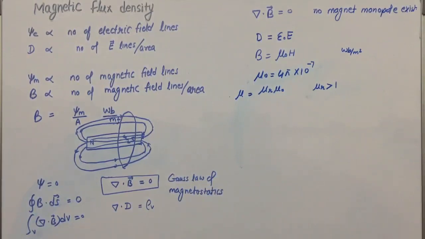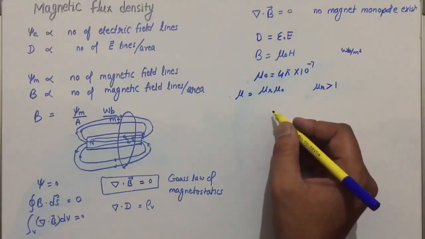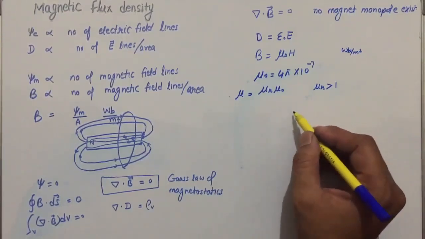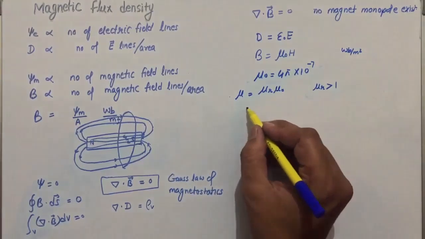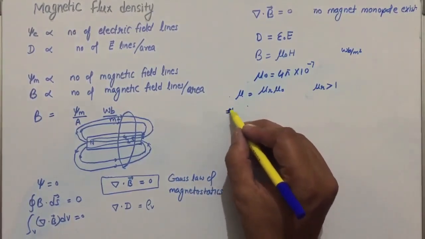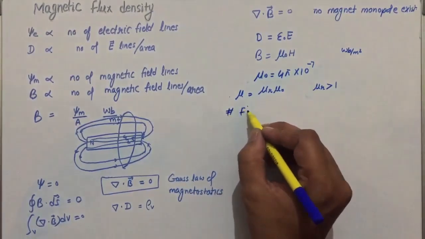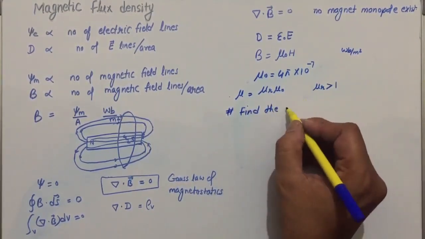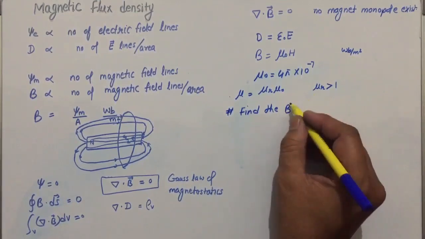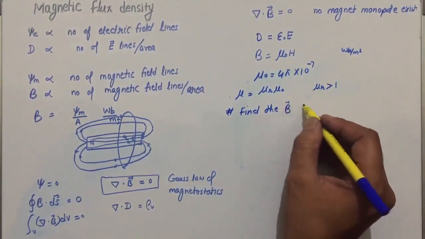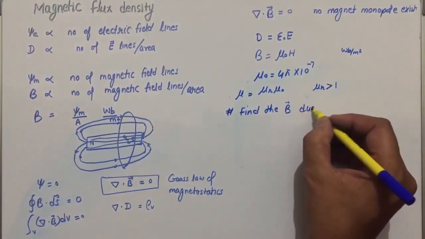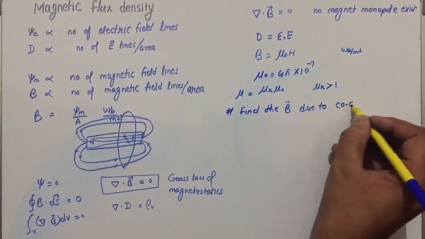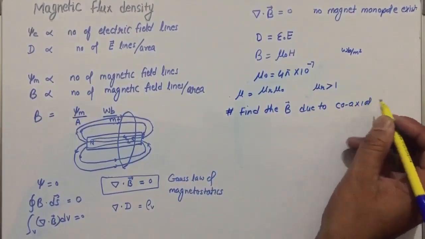Now we will try to find the magnetic flux density in case of coaxial cables. Let us try to find the magnetic flux density due to a coaxial cable.